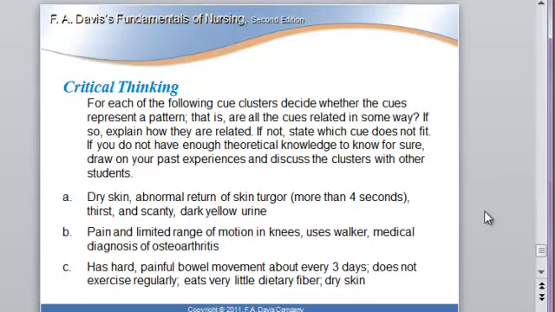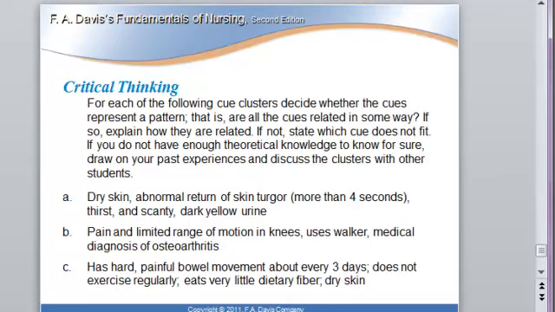If so, explain how they are related. If not, state which Q does not fit. And if you do not have enough theoretical knowledge to know for sure, draw on your past experience and discuss this with other students in your classroom, how these all go together.